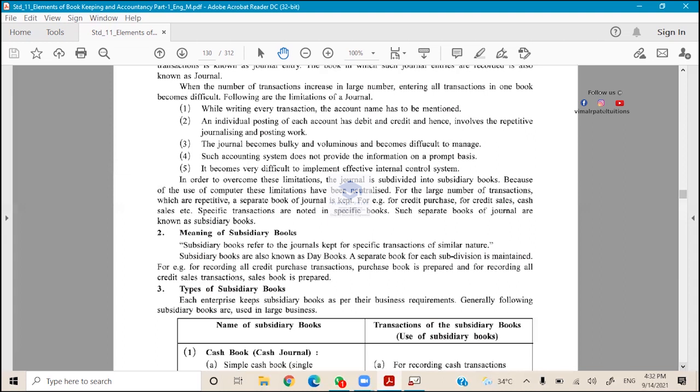So in your syllabus there are 4 subsidiary books: purchase book, purchase return book, sales book, and sales return book. Cash purchase, cash sales, cash purchase return, cash sales return, sale of asset, purchase of asset will not be recorded in subsidiary books. Only credit transaction related to goods will be recorded in subsidiary books.